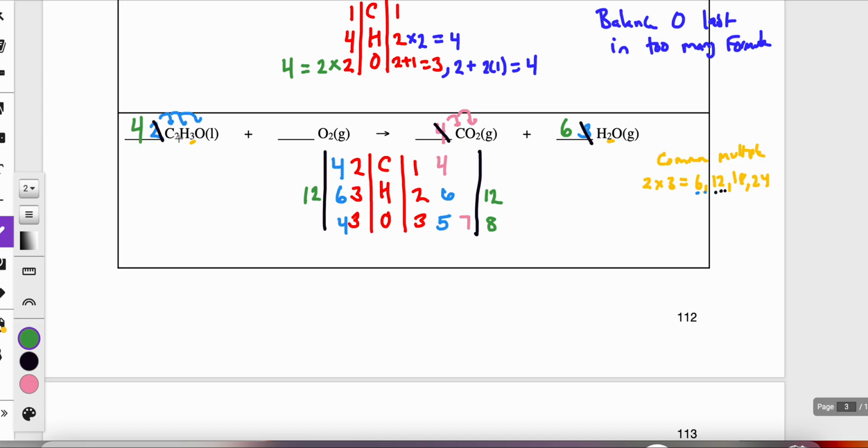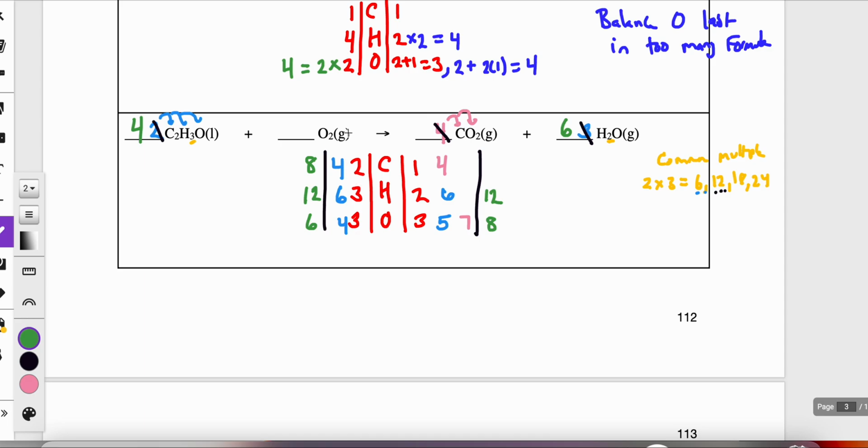So I go from a count of 2 carbons, 2 times 4, which makes my carbon count 8. And it also affects the number of oxygen. So 4 times oxygen subscript of 1, 4 oxygens here, plus the 2 here. So 4 plus 2 makes my oxygen count 6. Okay, so now I'm working with even numbers, and that's a lot easier.